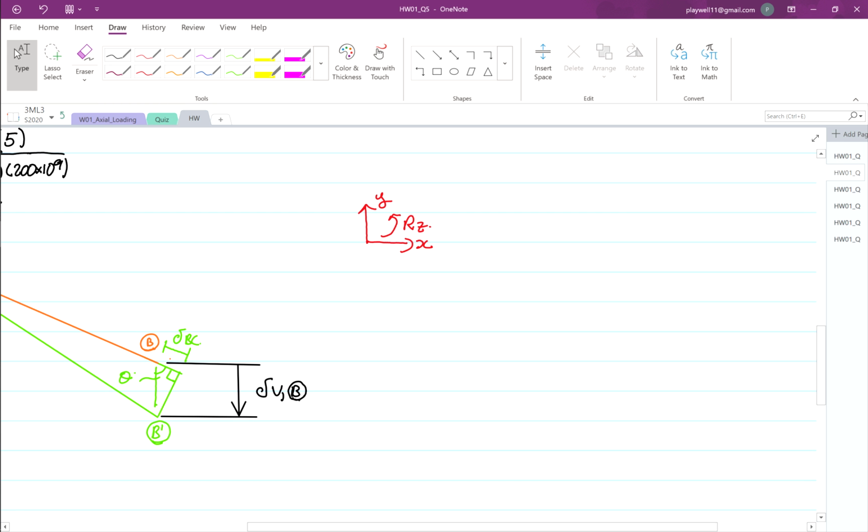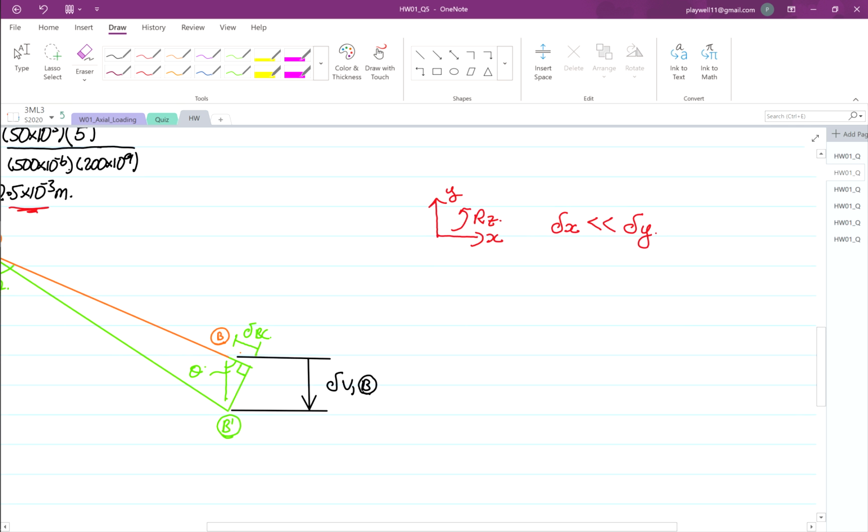We're going to assume that the deflection in the x direction is very much smaller than the deflection in the y direction. So the deflection x is very small compared to the deflection of y.